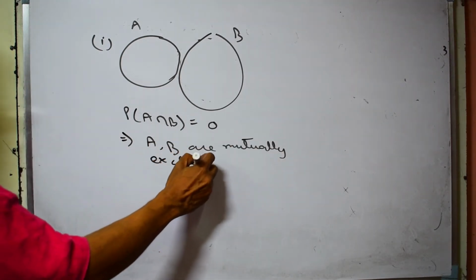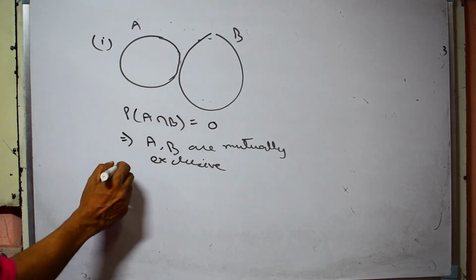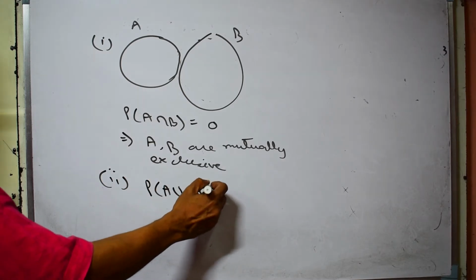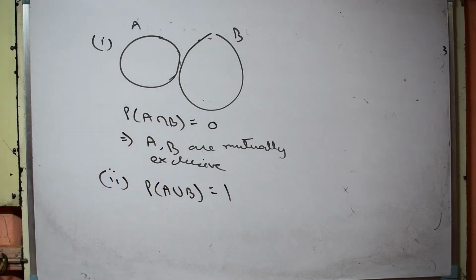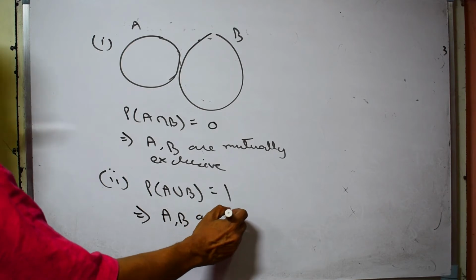So when we say mutually exclusive, the two events A, B cannot happen simultaneously, and that means probability of A intersection B is 0. Second concept, if P A union B becomes the whole, that is 1, that means no other events are found other than A or B. This is called A, B are exhaustive.